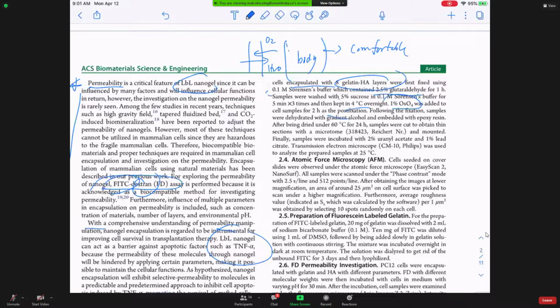For the post fixation, then make a slice as a thin film for TEM. Then they were dehydrated with gradual alcohol and embedded with epoxy resin. Then dry at 60 degrees for 22 hours, then using a microtome to make a thin slice, and then mounting that on the mesh for TEM.